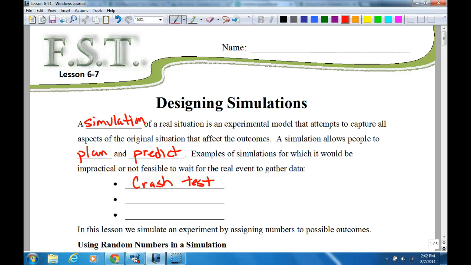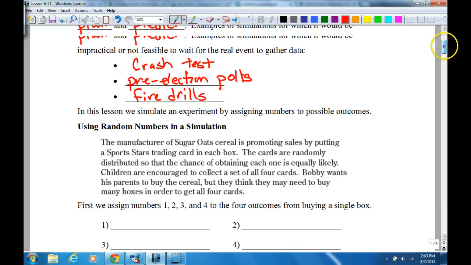So you want to do it beforehand. The other one would be a pre-election poll. We see a lot of that coming up here. Pretty soon we'll be seeing more now that caucuses are over. Fire drills is another one. This is a practical one that we just practice just to simulate something so we know exactly what to do if it should happen. So those are real life simulations.